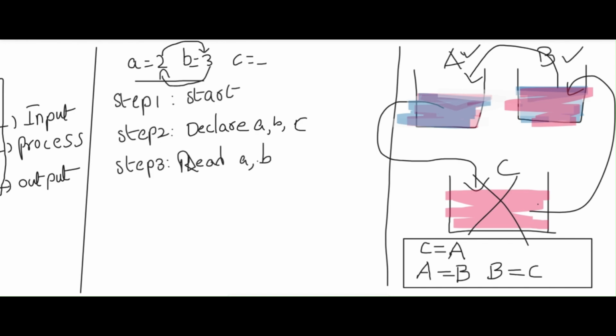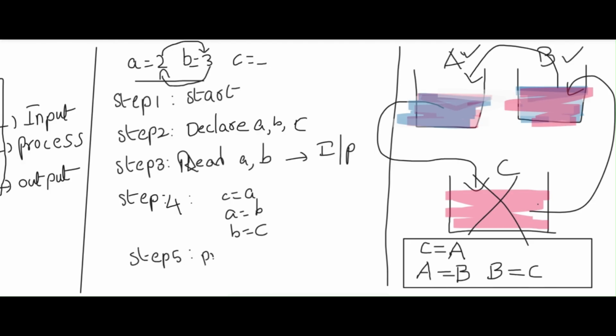Read the values A, B. So this is input, the sequence we are following. In step four, you have processing. We already got the logic: C equal to A, A equal to B, and then B equal to C. In step five, you print the values of A, B. And finally, step 6 is to stop.